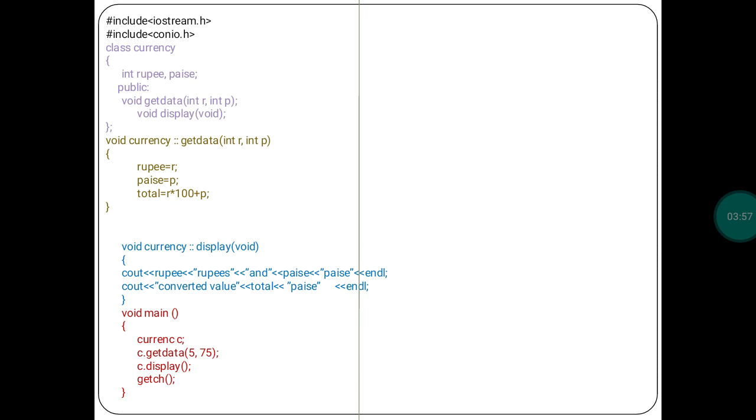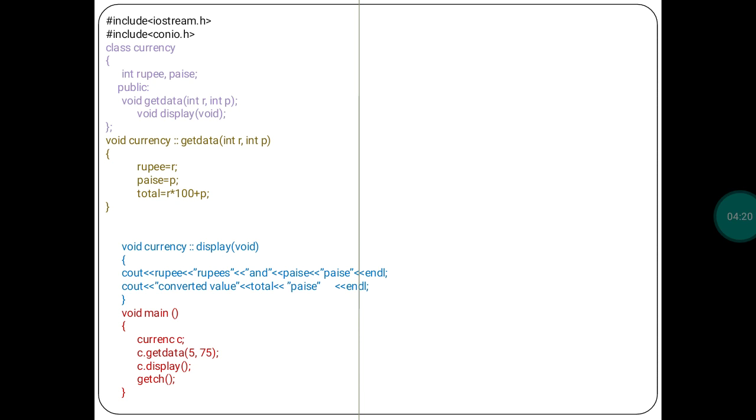Include iostream.h, include conio.h, class currency. Class is a keyword, currency is a class name. Opening brace means the class body is open. Int rupees, paise: private data members. Int is a data type.